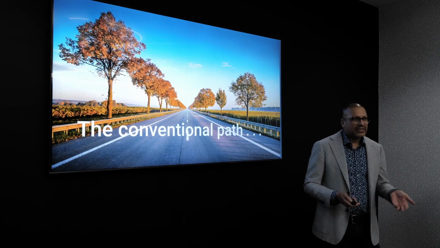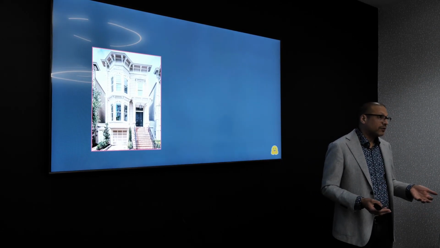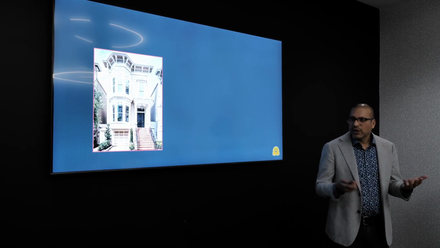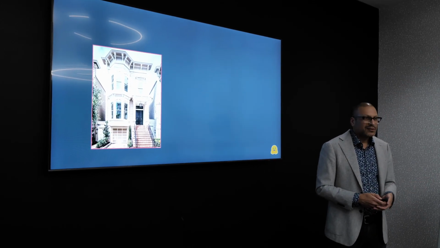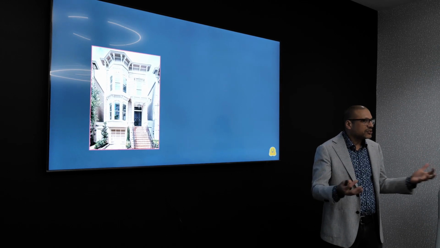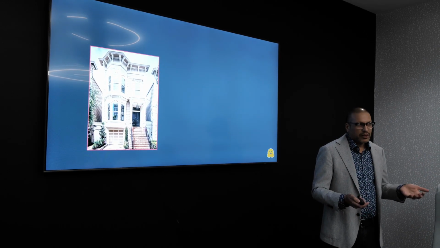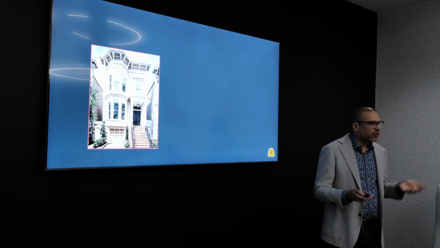Now, for most data scientists, if you're working on a problem, let's say you have a house and you need to start understanding it. Let's say you want to build a model to understand the value or the price of a house. So what do you do? You have this three-dimensional physical structure. What are you going to do? Typically, most people will say, okay, we need to start understanding it.